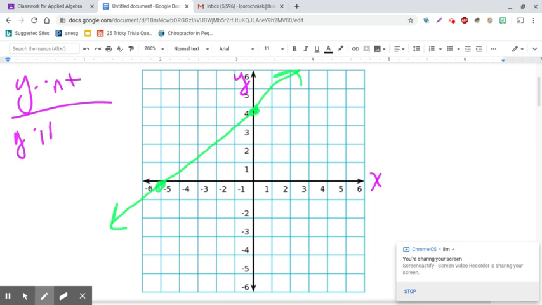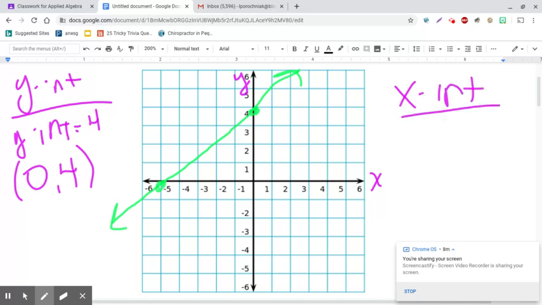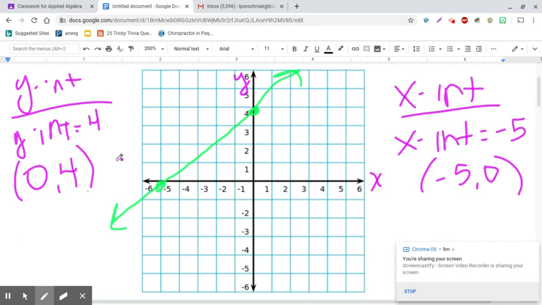So your y-intercept equals 4, or we would write that as 0, comma, 4, right? X, comma, y. All right, now let's look at our x-intercept. Your x-intercept is going to equal, well, let's look. Where does it cross? Crosses at a -5. Or we would write that as -5, comma, 0. So there we go. This is where it crosses the y-axis. This is where it crosses the x-axis.